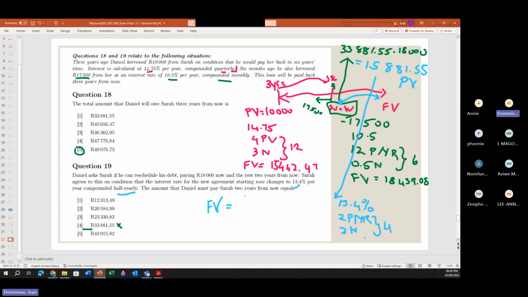So that is 4 periods. And now if I get my future value, it is 20,584 rand and 99 cents.